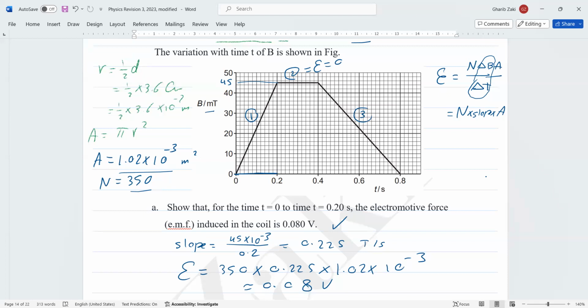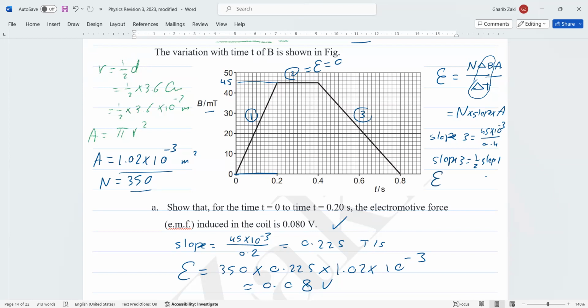Now, in case of 3, the slope equals the vertical change, which is 45 times 10 to the power negative 3, over the horizontal change. What is the horizontal change? It is 0.4. It means slope 3 equals half of slope 1.